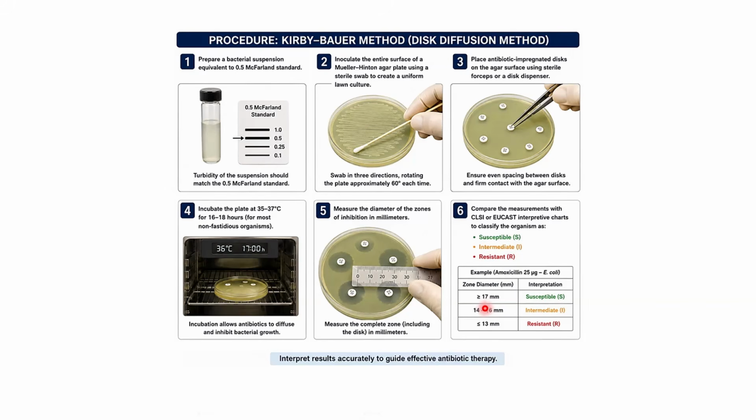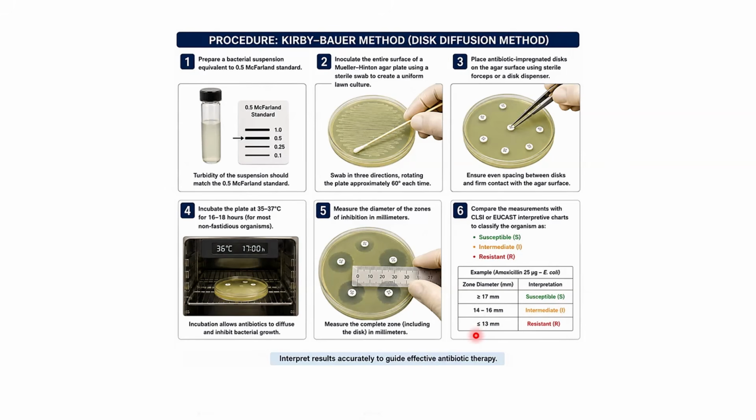But if we are to measure our zone of inhibition, and we have a diameter between 14 to 16 millimeters, so what it means is that the antibiotic, the amoxicillin, will be effective if higher doses are used against the bacterium E. coli, and we normally record this result as intermediate.